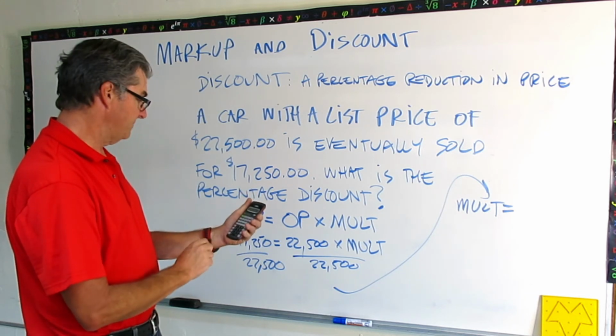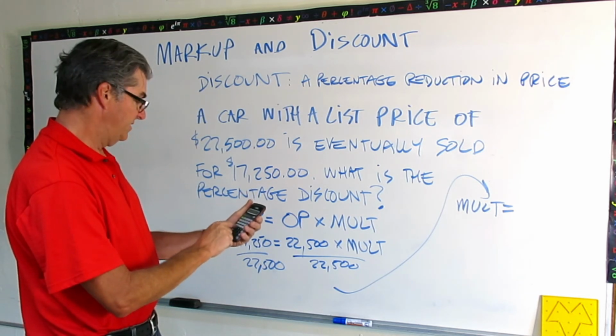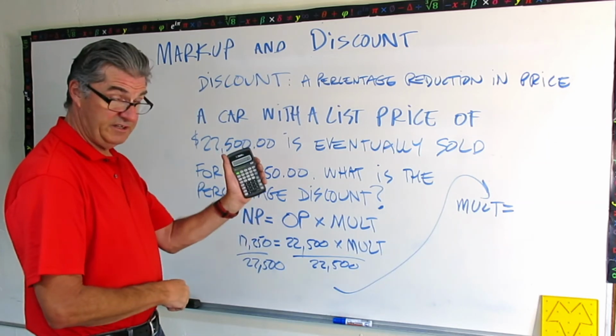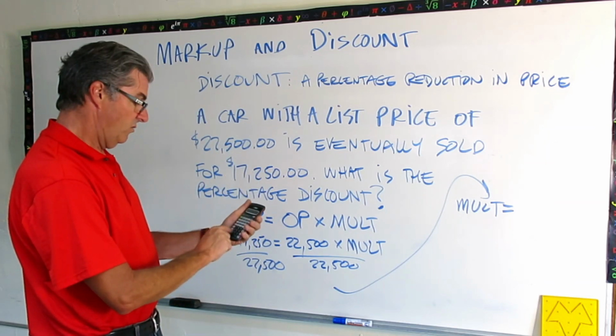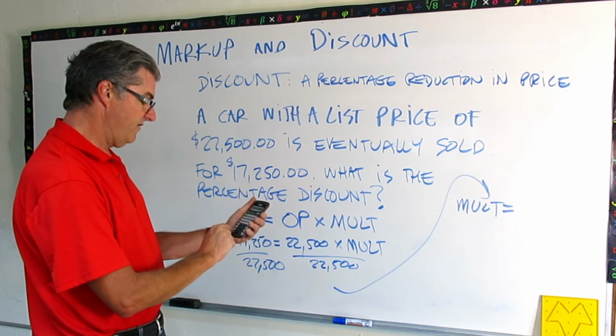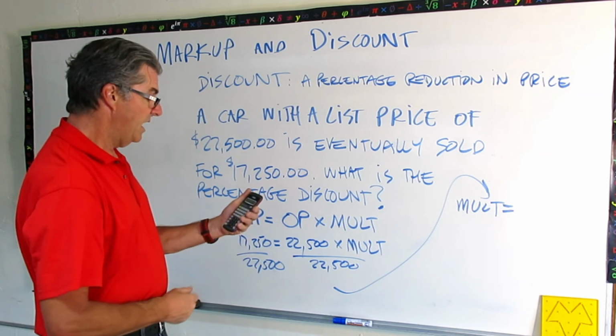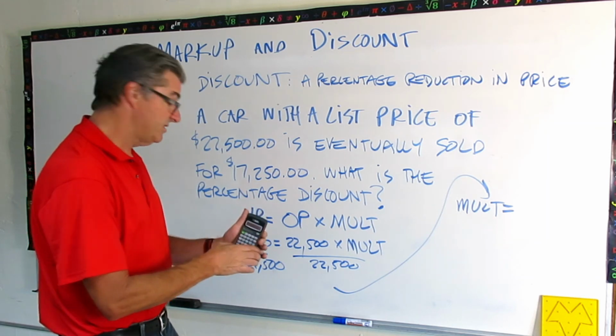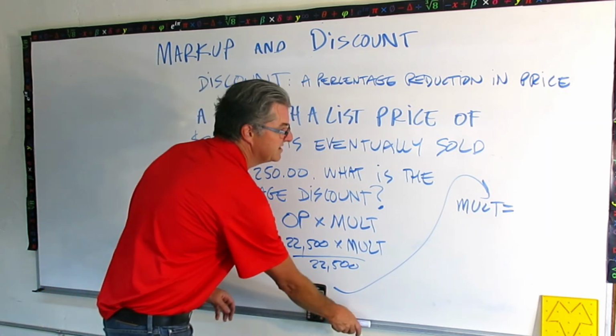Whoops, I did subtraction. Let's get out the handy dandy calculator and do this. 17,250 divided by 22,500 equals 0.76666, so I'm going to round that to 0.77.